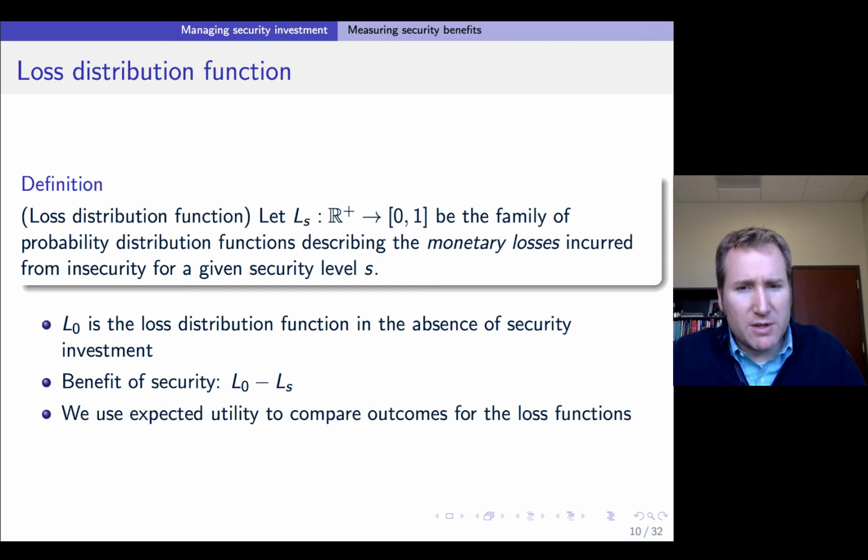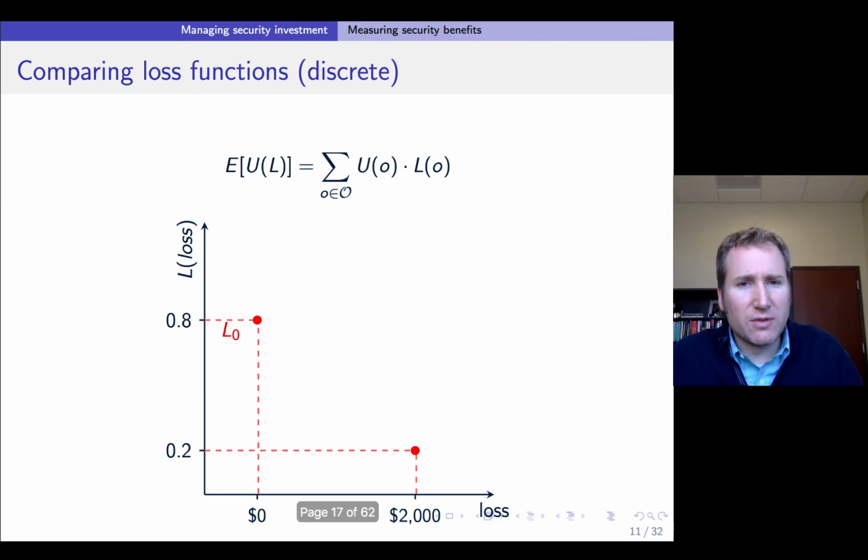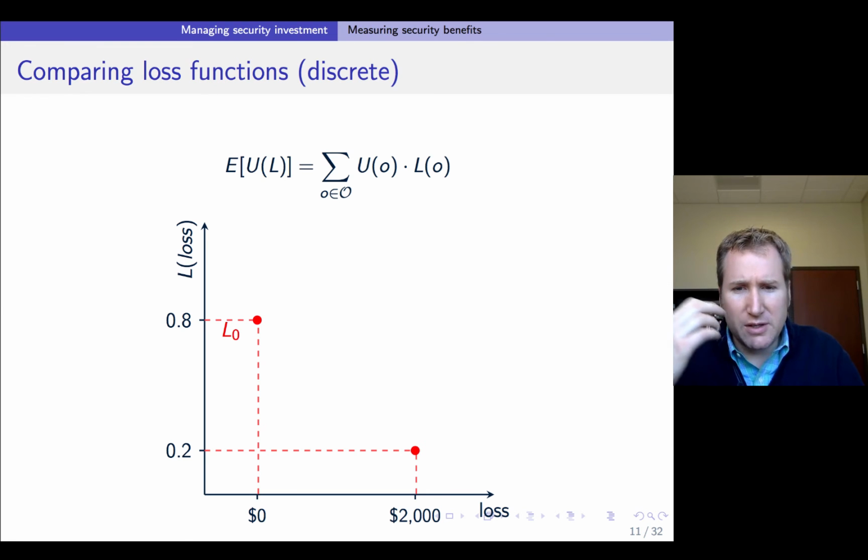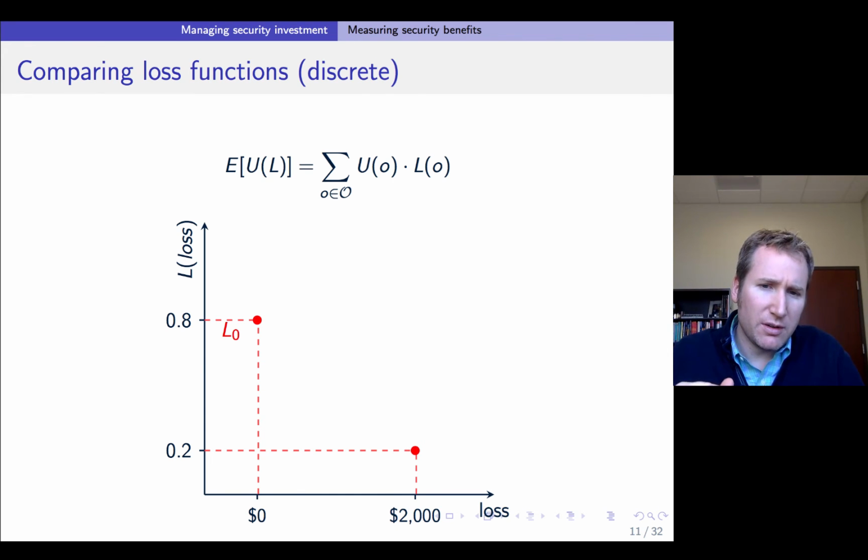And then we can use expected utility to compare the outcomes for these different loss functions. So let's start with the discrete case again. Let's say we have a case where there are two outcomes. You either experience a $2,000 loss or a $0 loss, and the probability of a $2,000 loss is 0.2 and of no loss is 0.8.